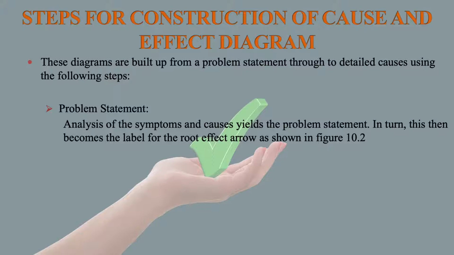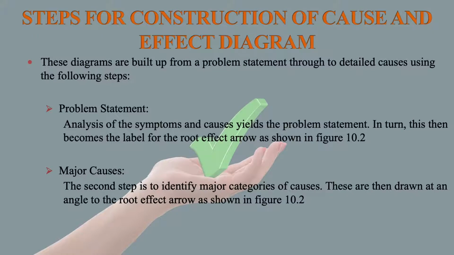In turn, this then becomes the label for the root effect arrow as shown in figure 10.2. The major causes: the second step is to identify major categories of causes like men, machine, like that. These are then drawn at an angle to the root effect arrow as shown in figure 10.2.